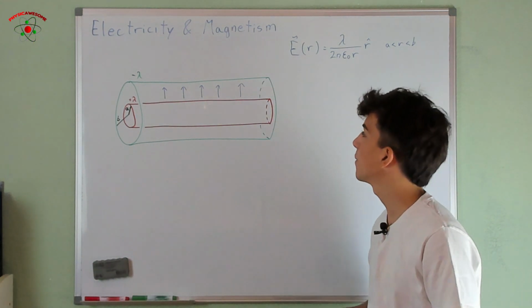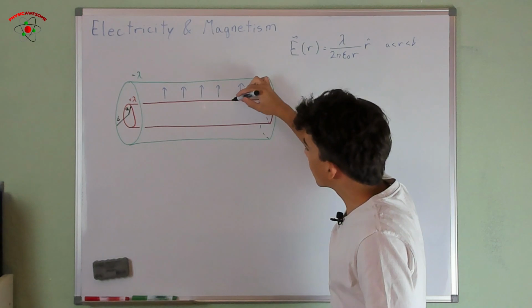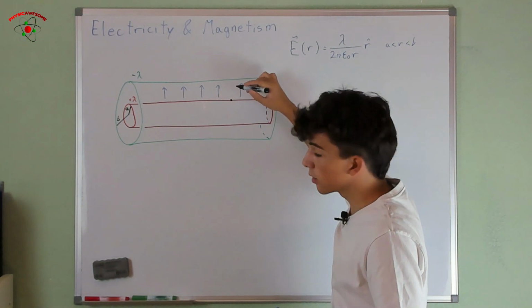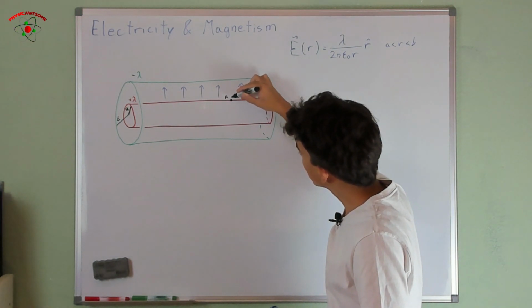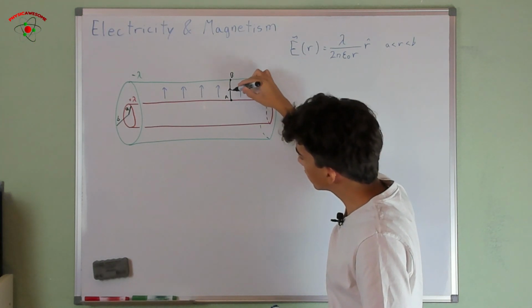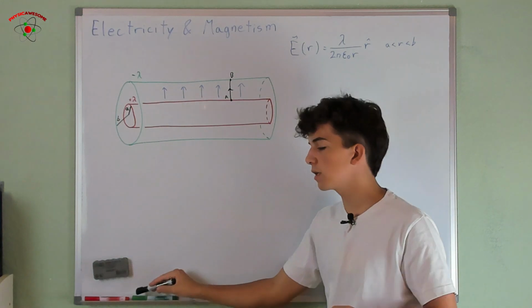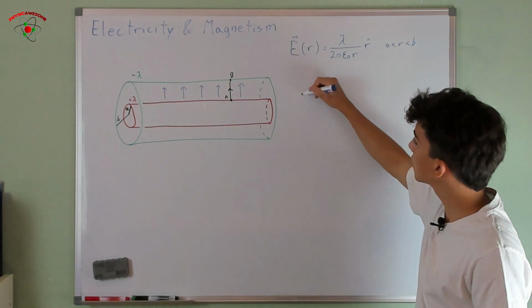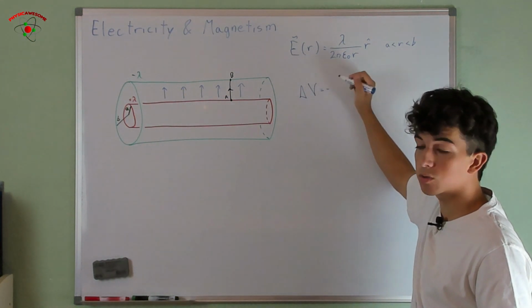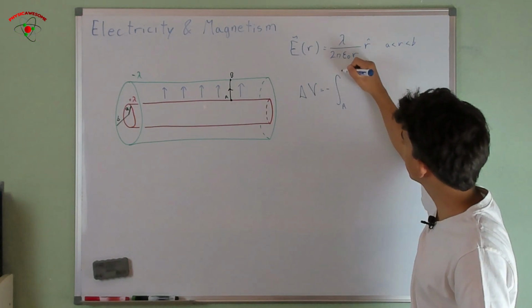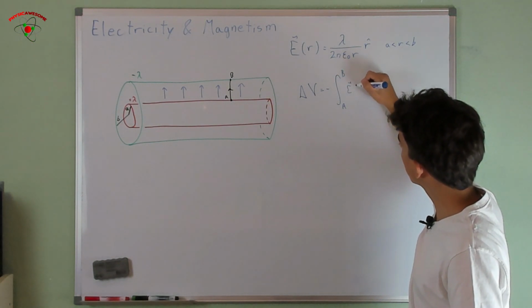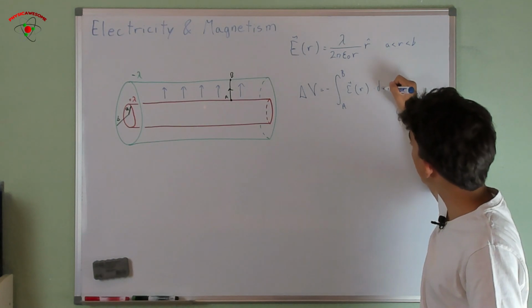In this case, to find the electric potential, we're going to use the definition. We're going to go from A, right around here, to B, right over there, in this direction, and then the change in potential, delta V, is going to be equal to minus the integral from A to B of the electric field E_r times ds.